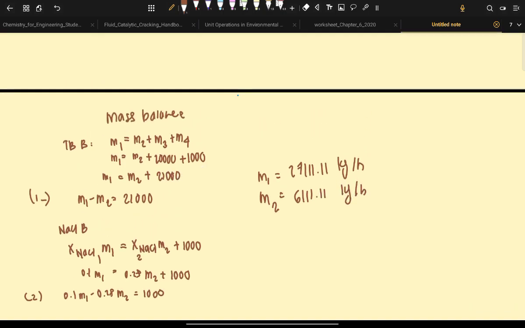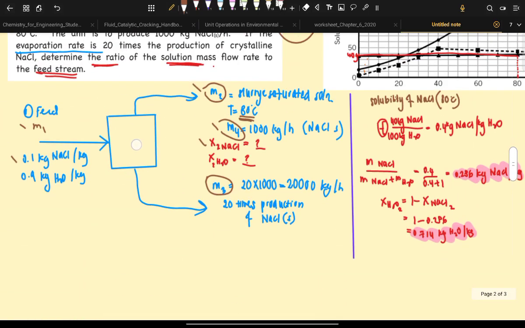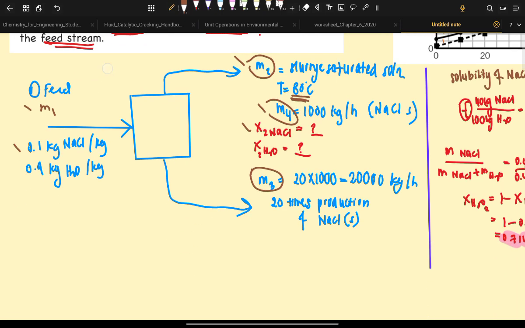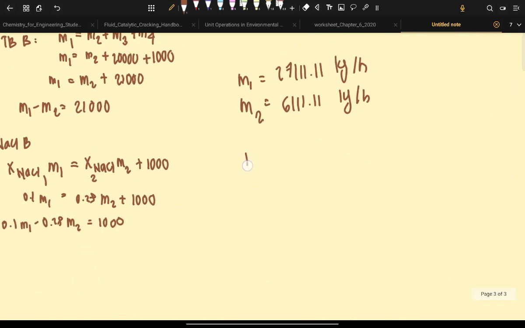This is not your last answer, because they want the ratio of the solution mass flow rate to the feed stream. So M2 over M1 times 100% to find the percentage.